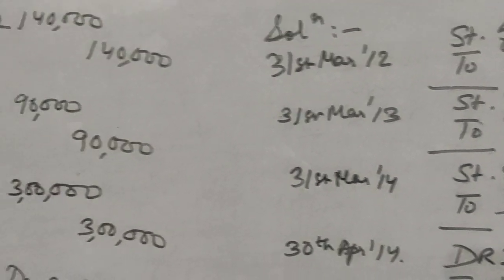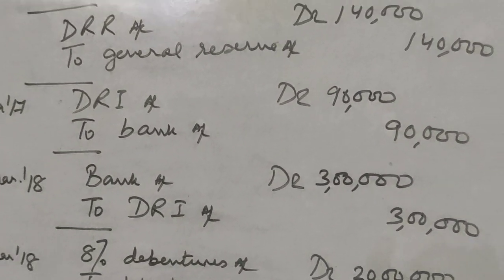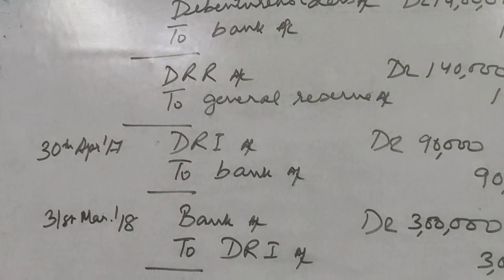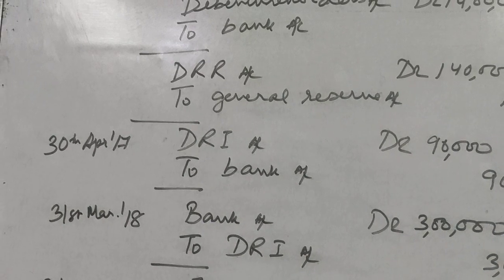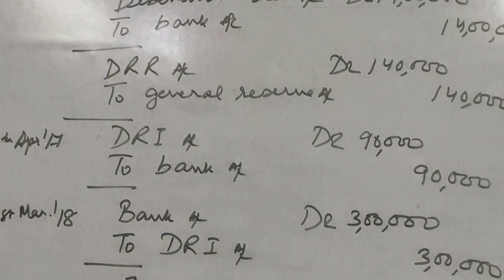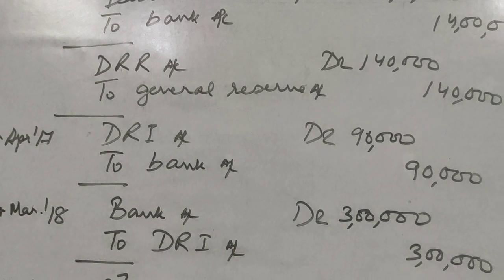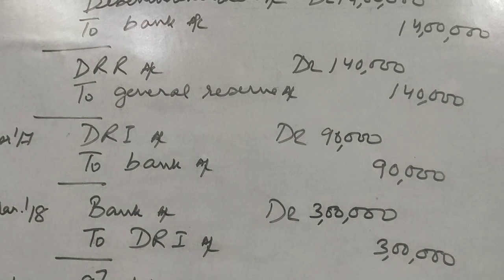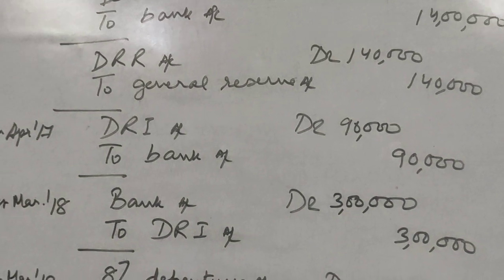Total investment should be of the value of 3 lakh, that is 15% of 20 lakh. So on 30th April 2017, we will make that investment. Debenture redemption investment account debit 90,000 to bank account 90,000.